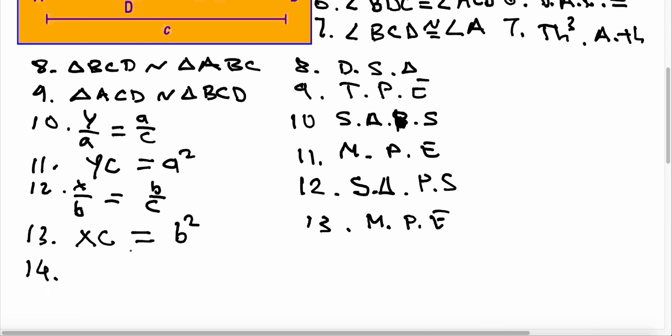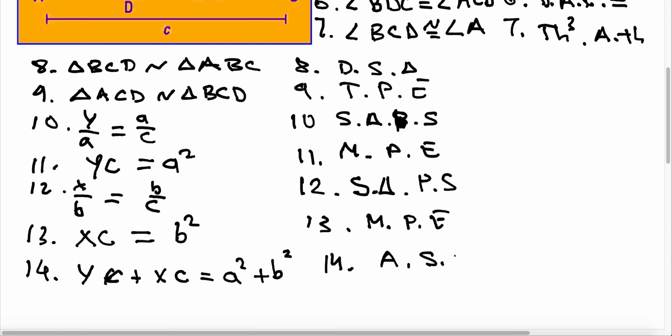And 14, if we are adding step 11 and step 13, so if we are adding yc plus xc is equal with a square plus b square. And 14 means adding step 11 plus step 13.